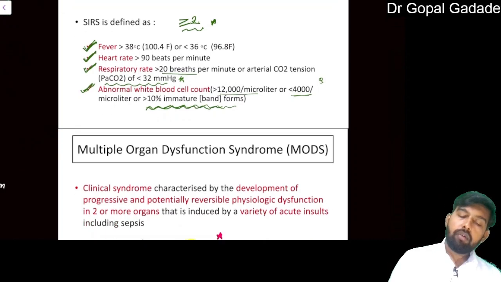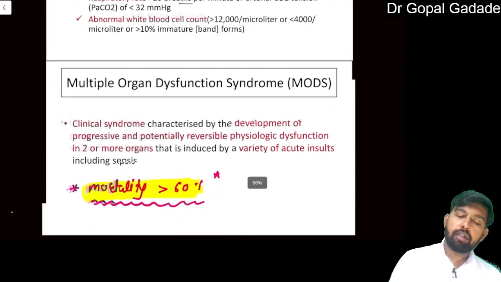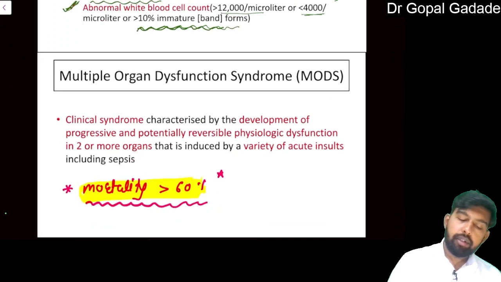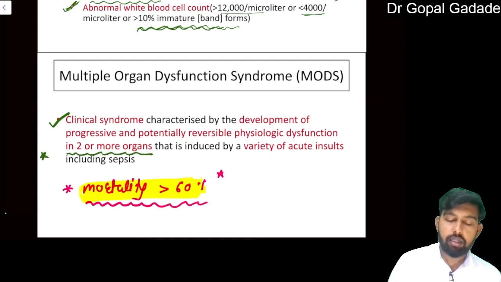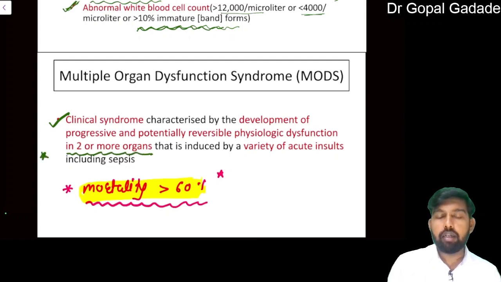So what is multiple organ dysfunction syndrome, that is MODS? It is a clinical syndrome characterized by the development of progressive and potentially reversible physiological dysfunction in two or more organs. Remember that two or more organs are involved.